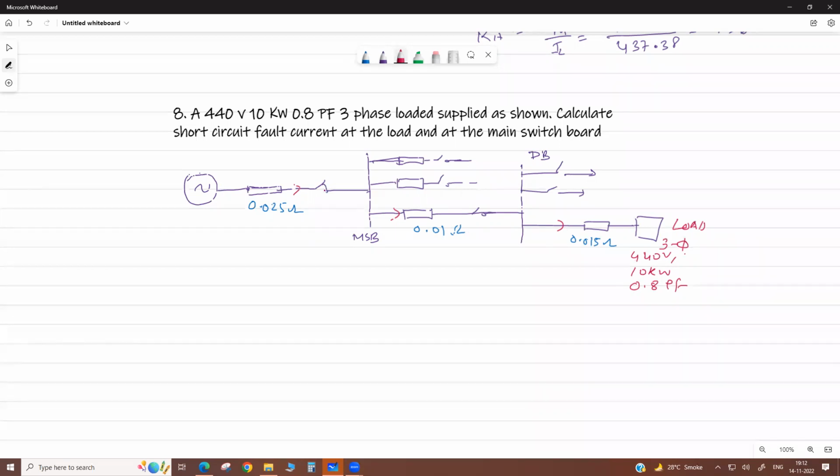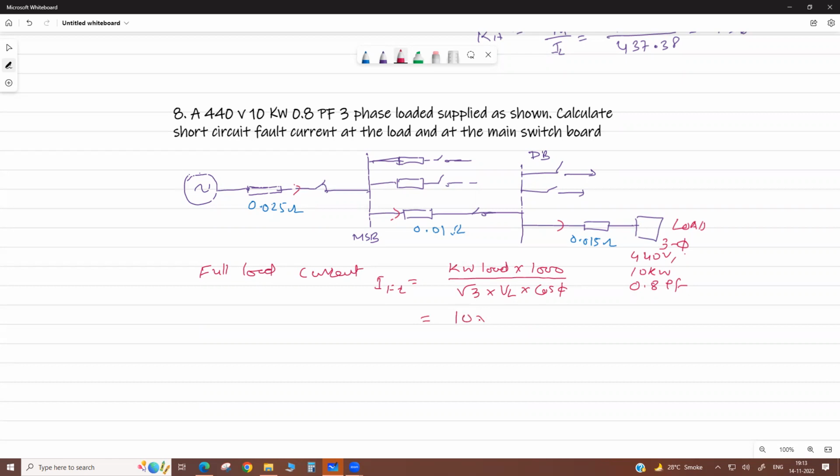So in the normal case, what will be the full load current, IFL? It is your kilowatt load into 1000 divided by √3 into line voltage into cos φ. Very simple.